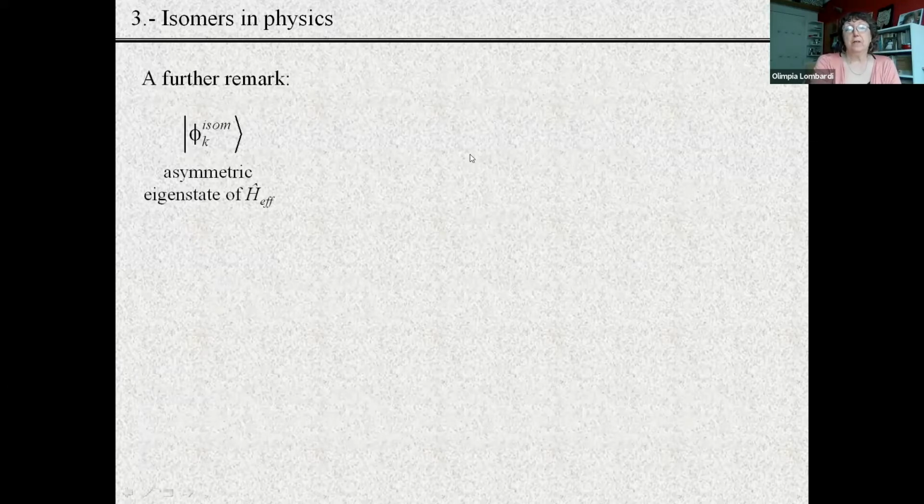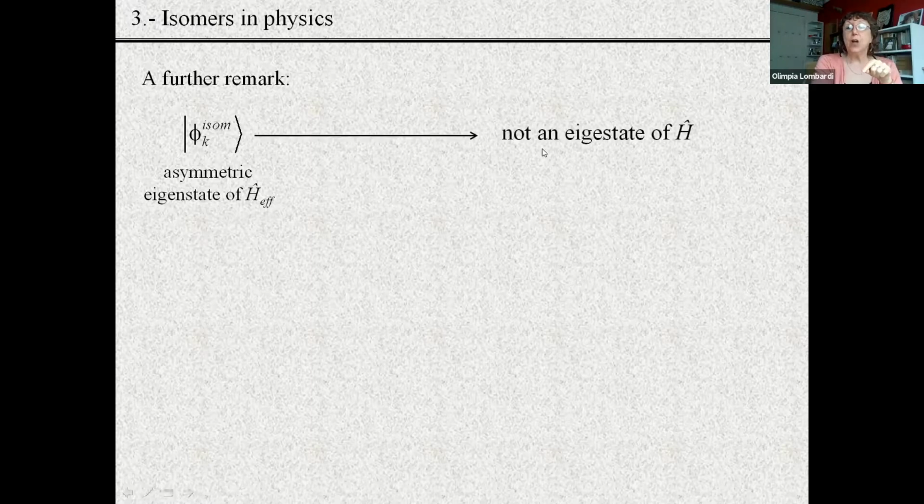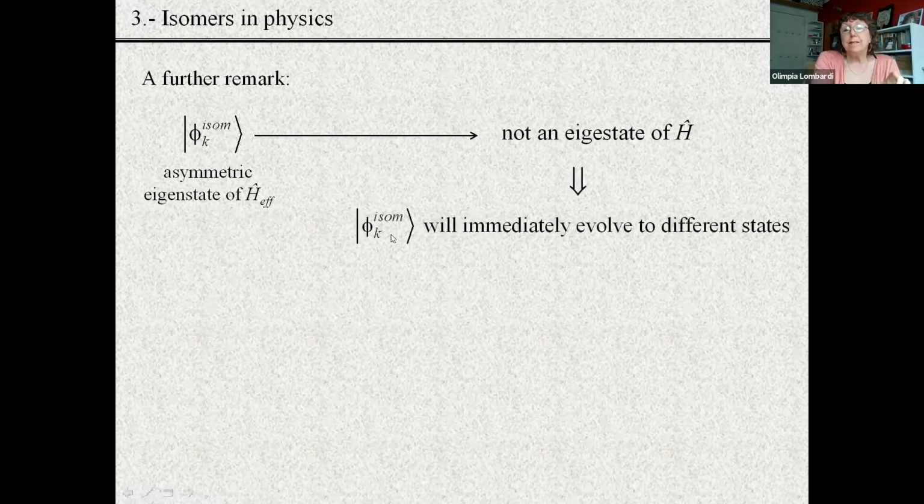Let us suppose that I assume an isomer is represented by an asymmetric state, which is in a certain sense an eigenstate of an effective Hamiltonian, but it's a Hamiltonian of another, different system. From the quantum mechanical view, this is not an eigenstate of the Coulombic Hamiltonian, the resultant Hamiltonian. If it is not, this state will immediately evolve to different states.